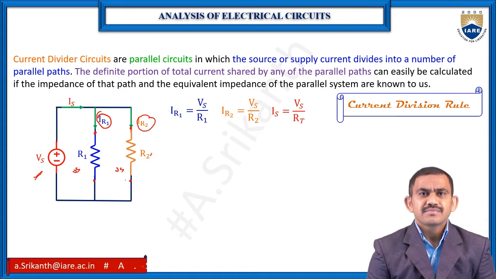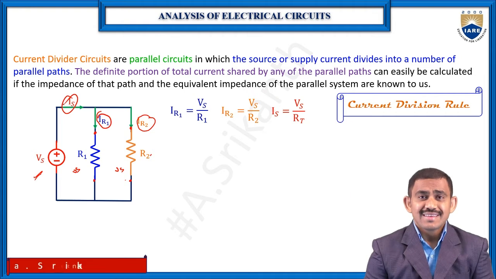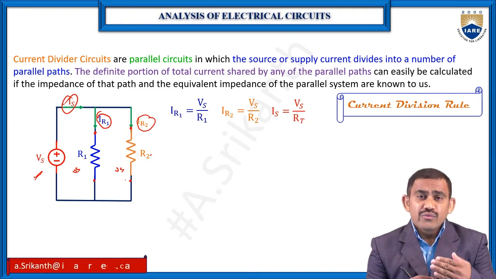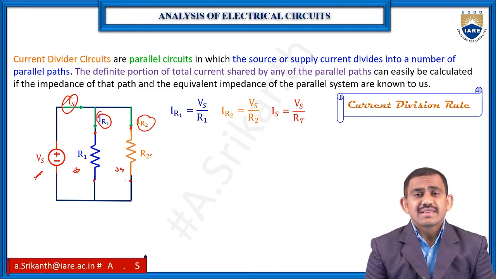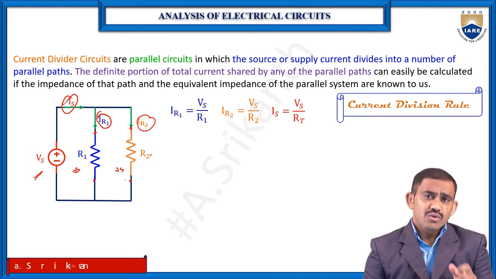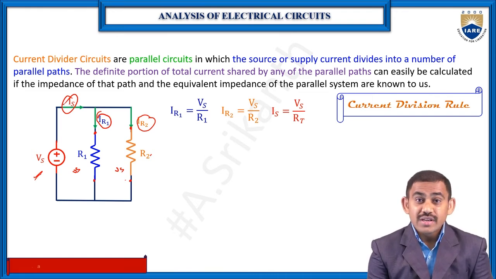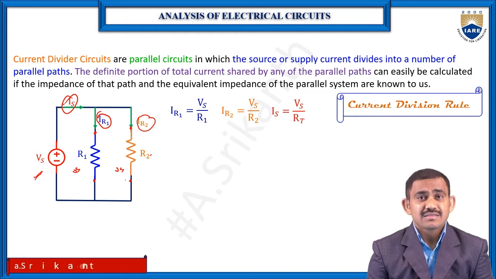That's it. Then what is the Is value now? Is value is source voltage by your total, equivalent resistance. What is your equivalent resistance here? You need to observe 2 resistors are connected in parallel.